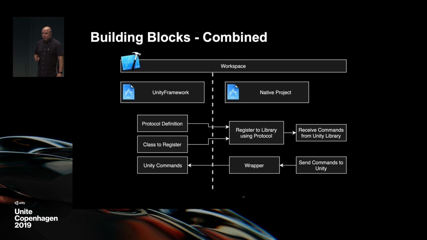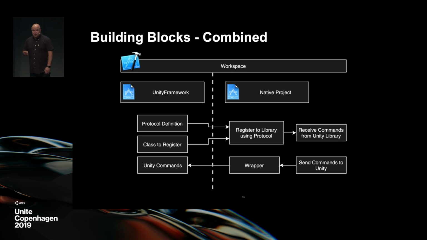And this one now is the whole flow combined. The whole flow of information for Unity, from Unity to native and native to Unity, all combined here. You can see the separation of details here. Inside our workspace, we have Unity framework and native project together.